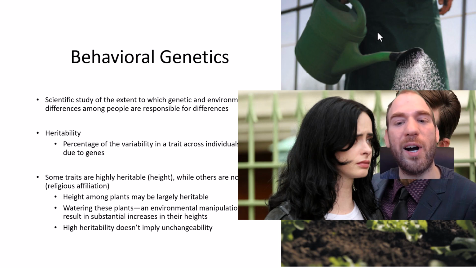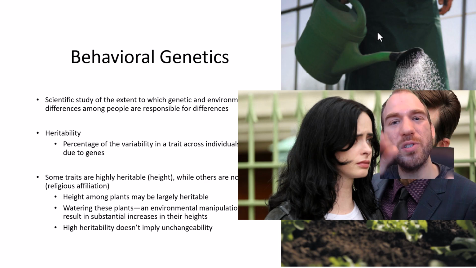Obviously, there's still some environmental factors going on here with sun and the quality of the soil, but still, it's highly heritable. But let's say I'm going to water some, or I'm going to identify the crops that are a little beat up and give them more nutrition, some kind of plant food. Now, all of a sudden, that ratio is a little different.